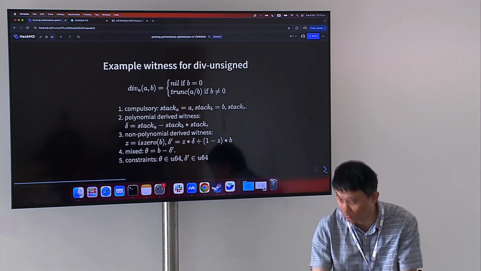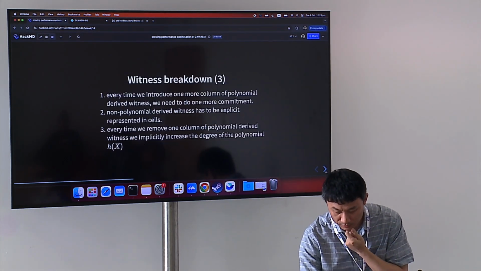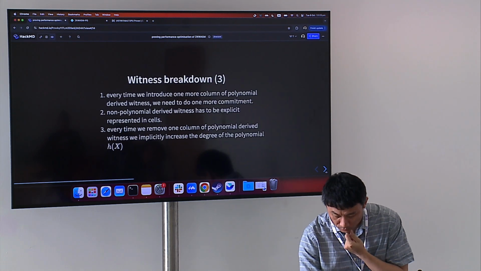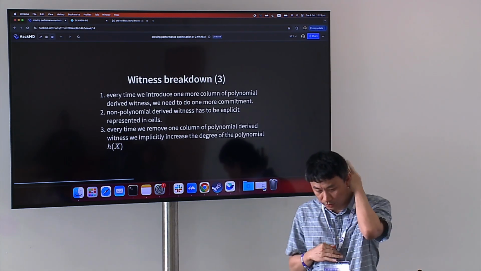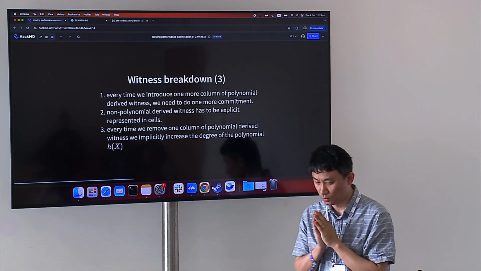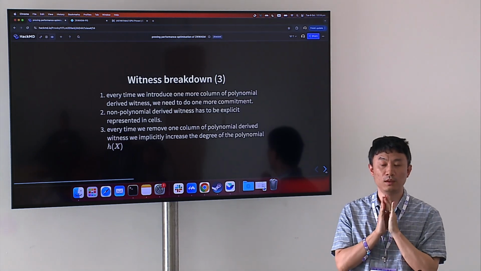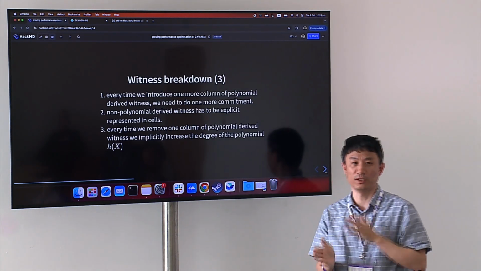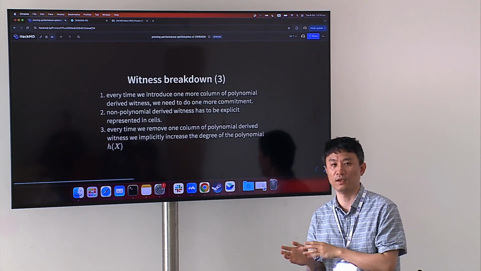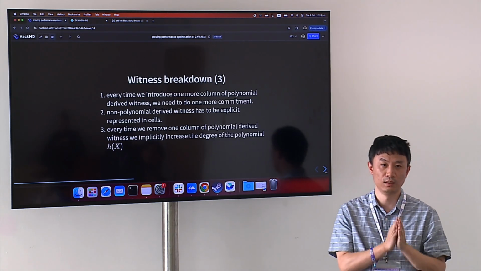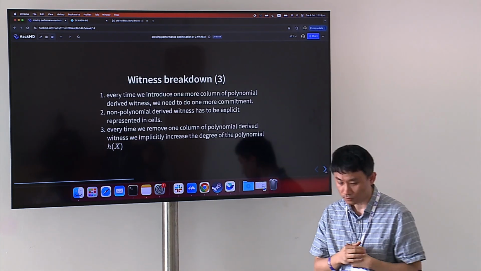Let's just skip this, because these are also derived or non-derivable witnesses. Okay, so in CPU, what you would like to do is have every polynomial derivable witness as a separate explicit column, so that you can downgrade the degree of the poly evaluation, move that into the columns, and then commit that.